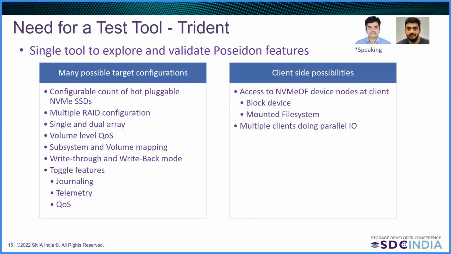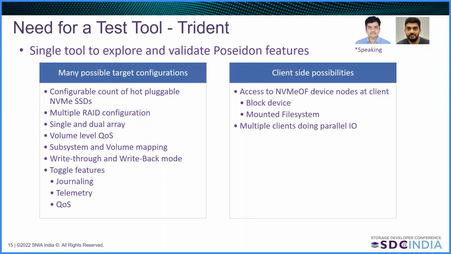Subsystems and volume mapping have more possibilities, where you can create multiple subsystems and mount volumes across the subsystems. Data write onto the SSDs can be done in write-through and write-back mode. There are some features like journaling, telemetry, and QoS that can be toggled.